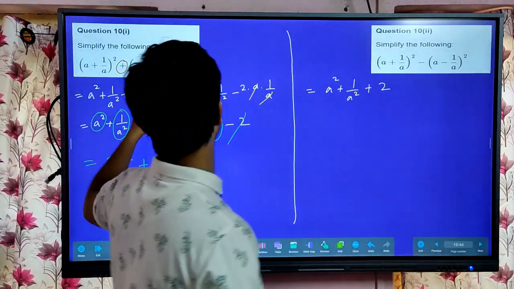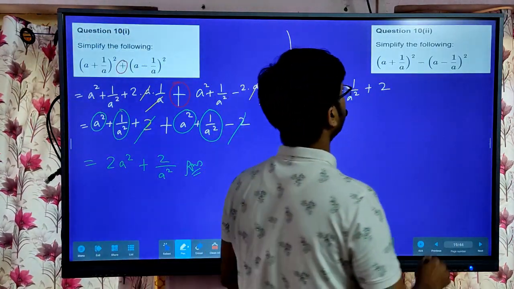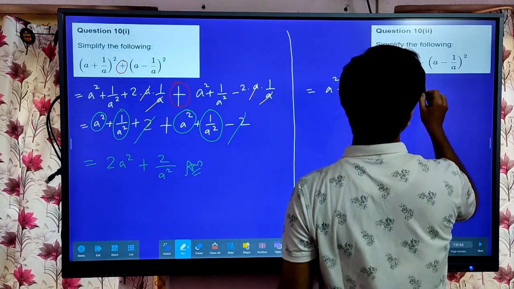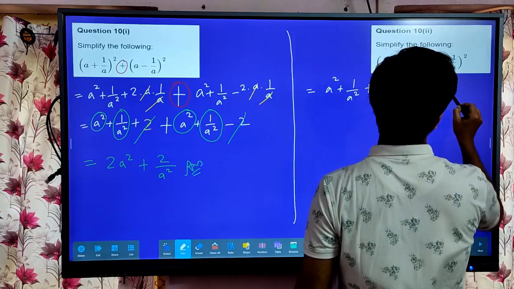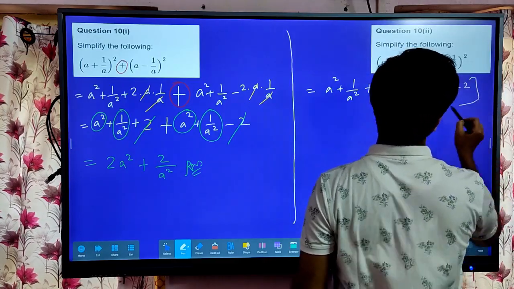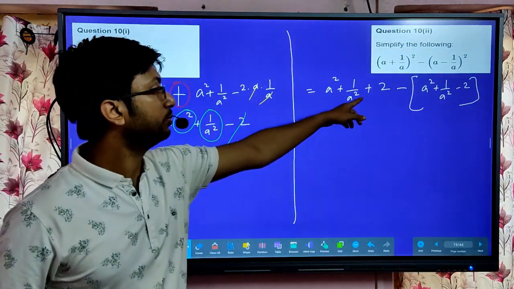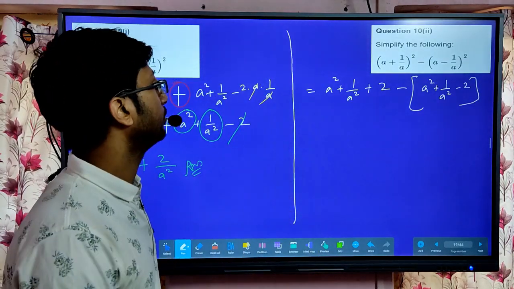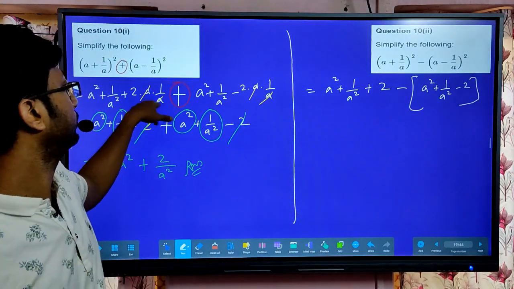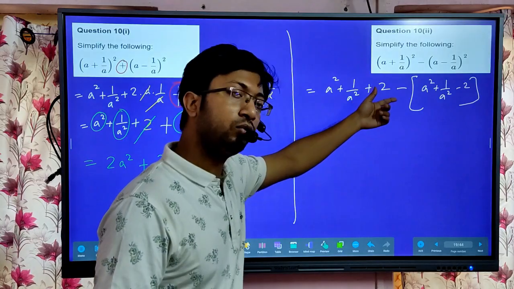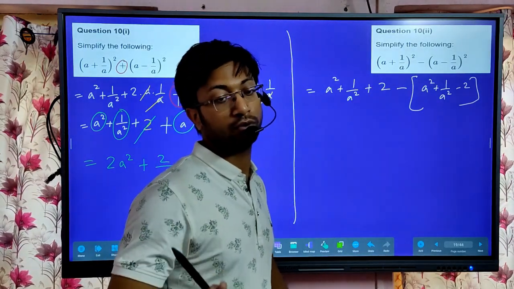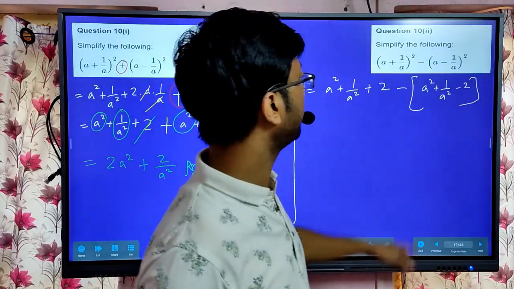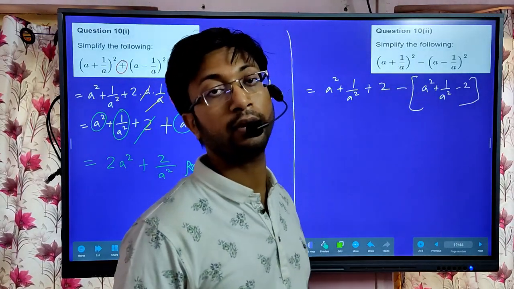You don't have to write a into 1 by a, you can directly write 2, minus bracket over here a square plus 1 by a square minus 2. Why are you writing directly 2? Because we have learnt a formula where a and a will get cancelled out. You can show a into 1 by a, then cancel it out, or directly you can write 2 also, you are allowed, because in your book there is a separate formula for a and 1 by a.